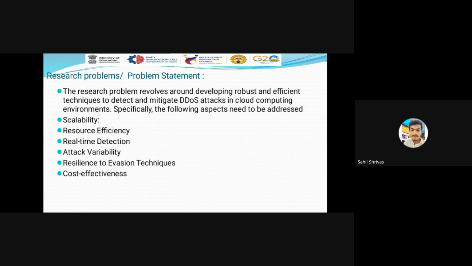Research is needed to evaluate the cost effectiveness of different mitigation strategies and identify approaches that provide the best balance between effectiveness and affordability. Now move on to the next slide.